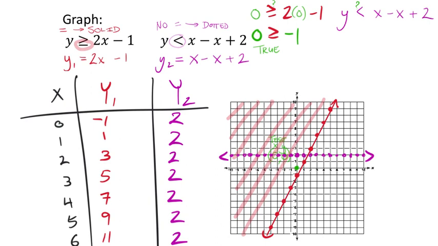Okay, well, we've chosen the ordered pair 0, 0, so my x's there are going to be zeros. And also the y value that we've chosen is 0. That's from the ordered pair 0, 0, the origin. Now we just check to see if this is true. This would be 0 is less than, well, 0 minus 0 plus 2 is 2. 0 is less than 2? Yeah, that's true.